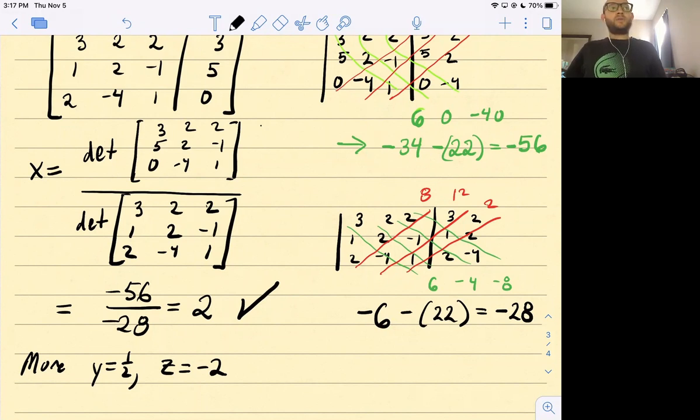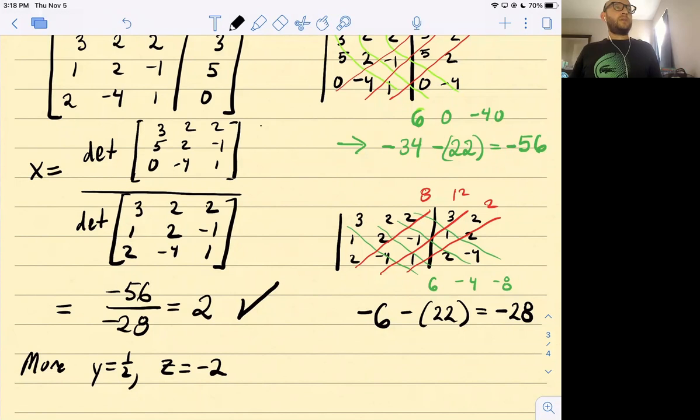Archer, are you confused with why this is working, or just kind of the mechanics of it? Oh, okay. So you did the other method and you got different numbers.